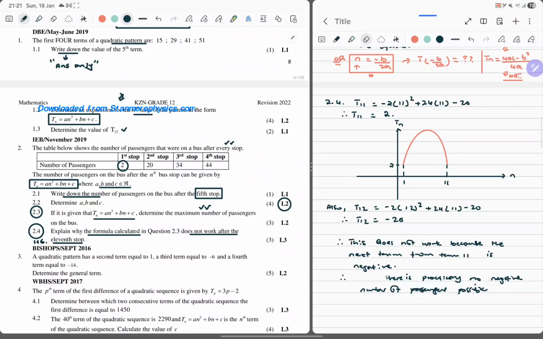Perhaps we can just make this a conclusion. So therefore, there is practically no negative number of passengers possible. I think that is the best explanation I can give. And okay, we see what we see.